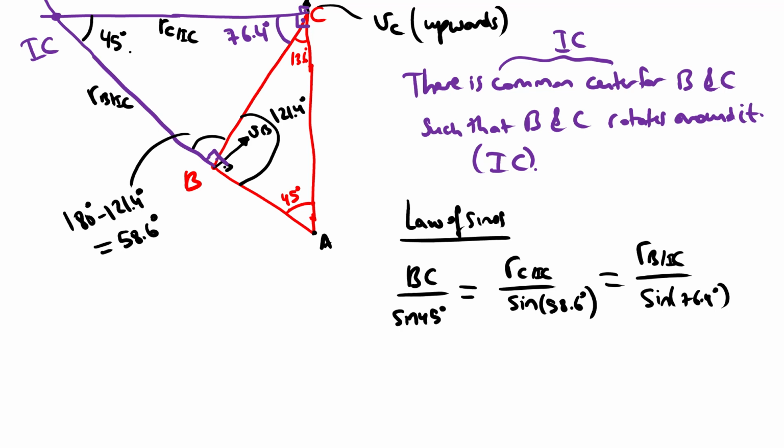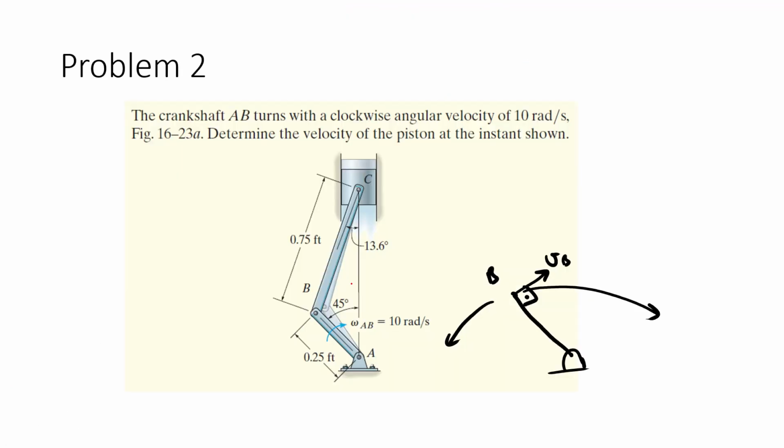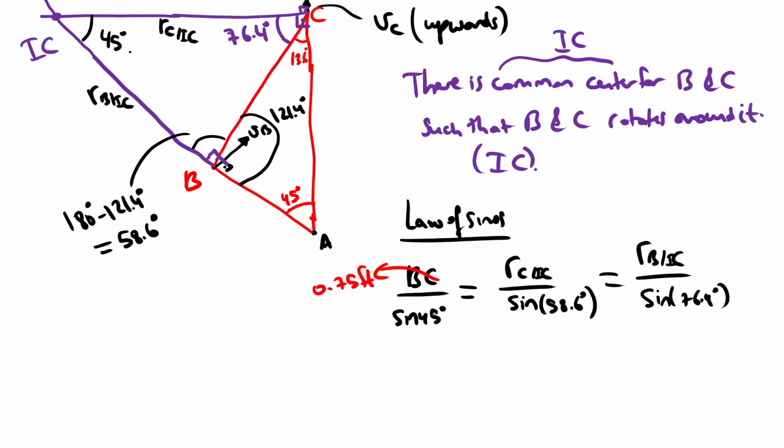The first one is given, 0.75 feet. You can find these angles very easily. If you do this calculation, you will reach that RCIC is equal to 0.905 feet.